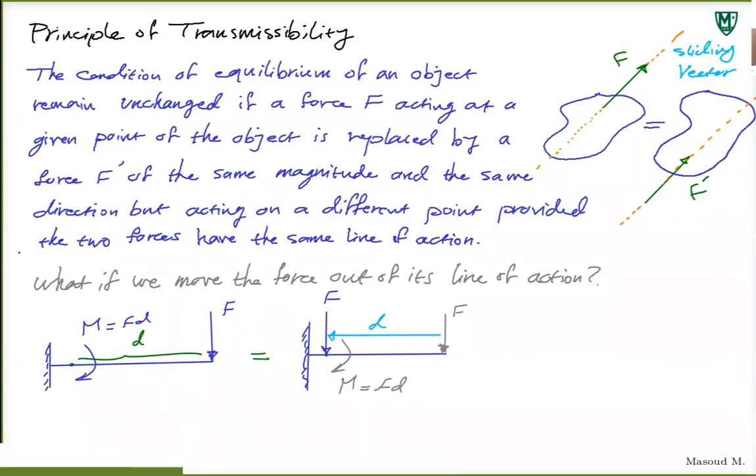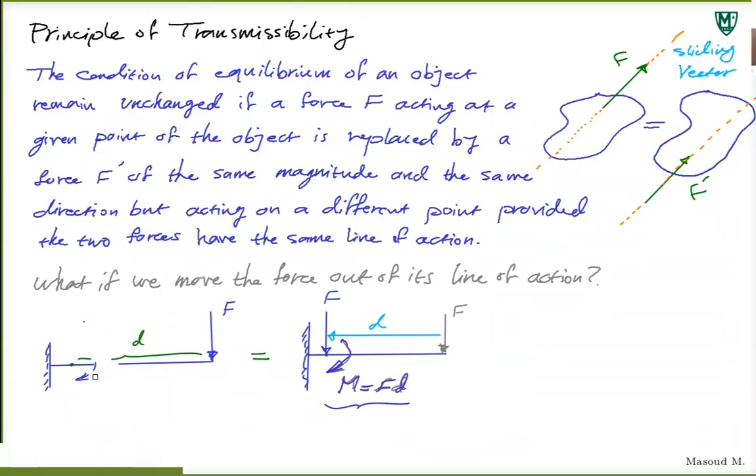There is nothing to create the moment. So you can think of it as, when I move this, I'm eliminating the moment this force is creating about this point. When I move it to this point, I have to compensate for that by adding the moment right here. So this is the equivalent system. M is equal to Fd.